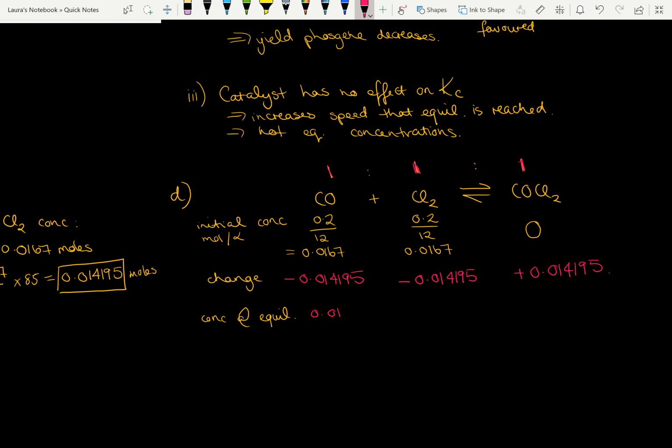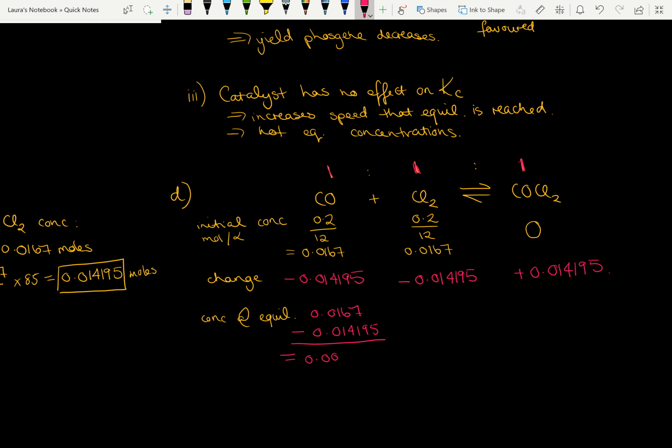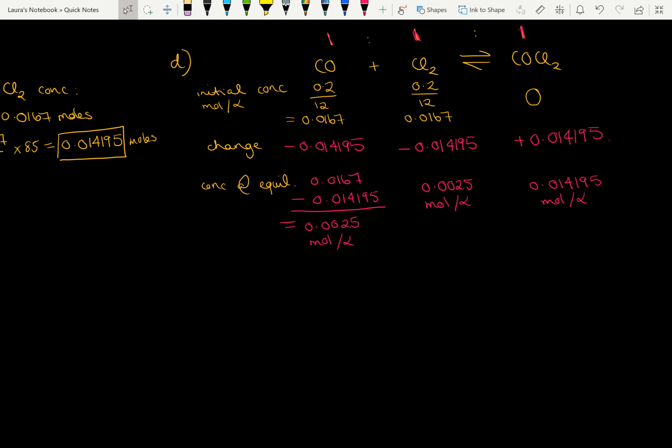So we've got 0.0167 minus 0.014195, and that gives me an answer of 0.0025 moles per litre. We have the same for our second reactant, 0.0025 moles per litre, and 0.014195 moles per litre for the product.